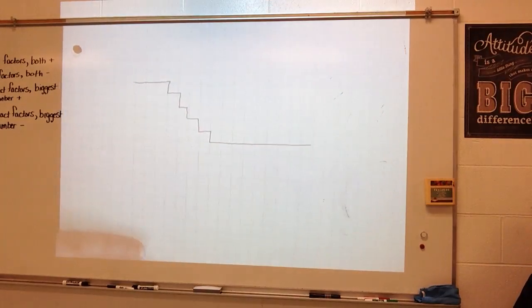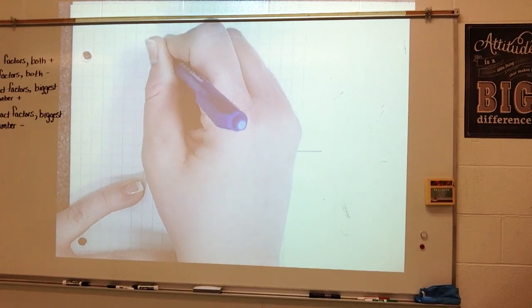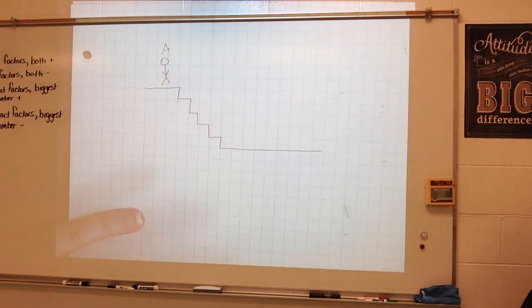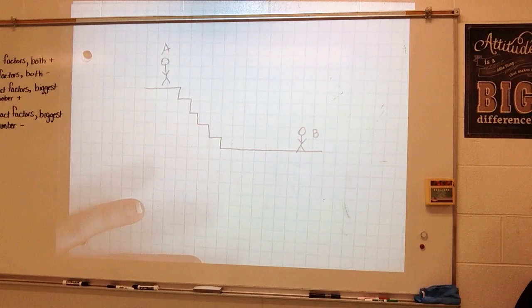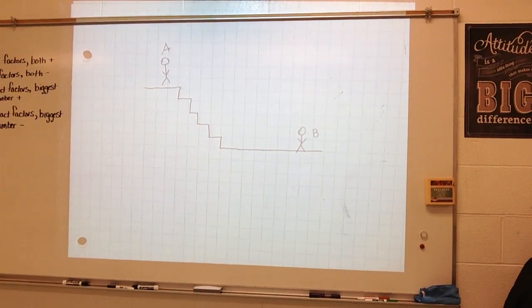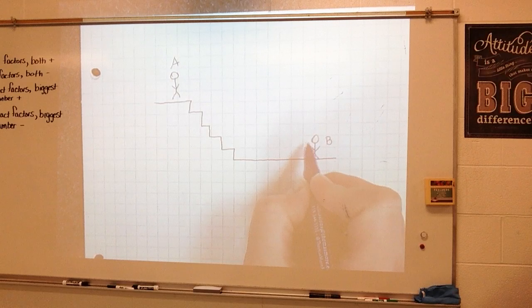Okay, so what this is, it's steps. All right, so I've got person A here. Okay, and I'm going to put person B down here. All right, so the angle of elevation or depression is the angle between the horizontal or parallel with the Earth's surface and the line of sight. All right, so the line of sight for this person would be right here.